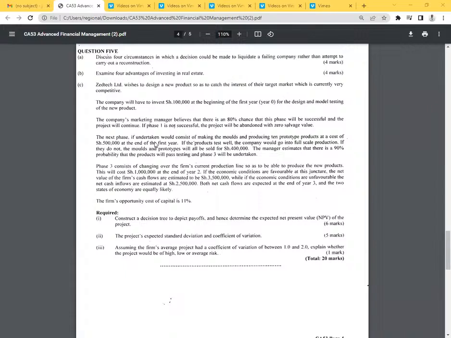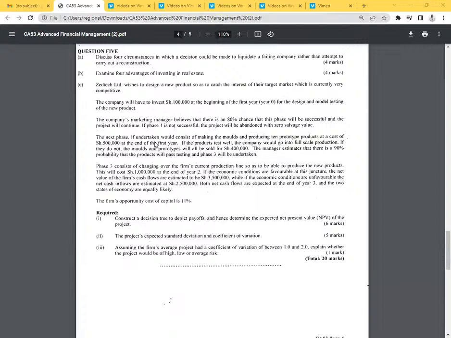The company will have to invest -100,000 at the beginning of the first year, which is year 0, for the design and the model testing of the new product. The company's marketing manager believes that there is an 80% chance that this phase will be successful and the project will continue. If phase 1 is not successful, the project will be abandoned with 0 salvage value.